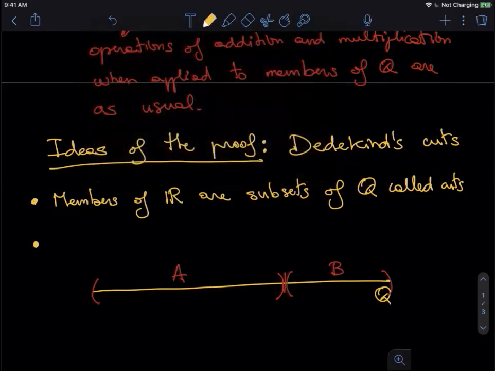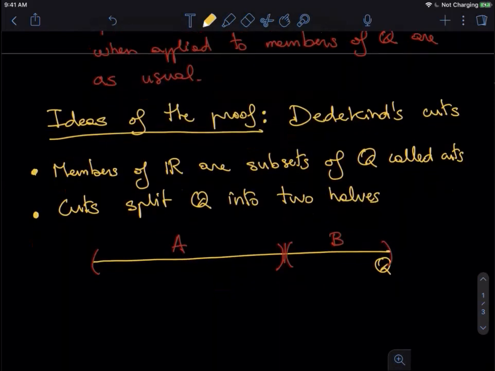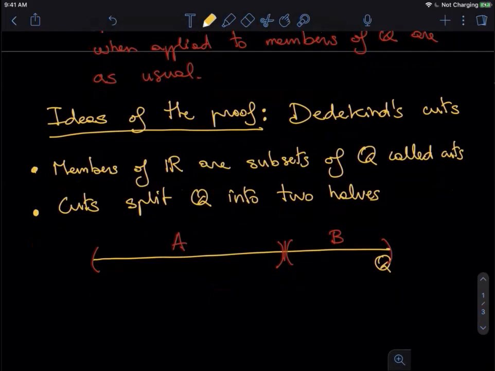Two halves, and those will be the cut. So cuts split Q into two halves, okay? So we have two sides.